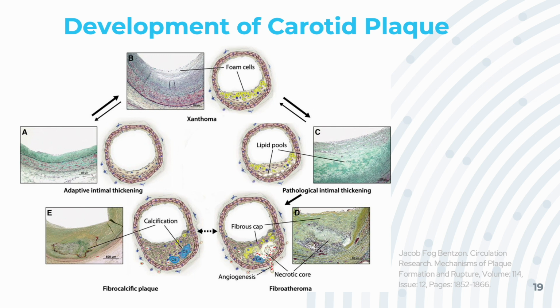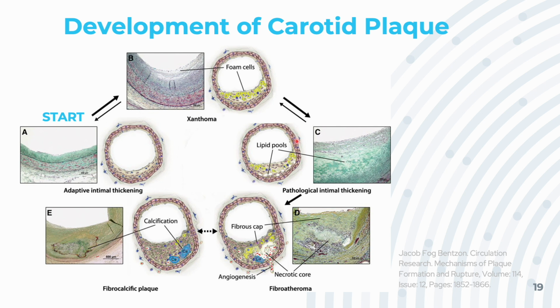And so we'll start from panel A, which shows intimal thickening characterized by smooth muscle cells that accumulate within the intima. Over time, this becomes a xanthoma, as shown in panel B, where there's accumulation of foam cells within the intima.